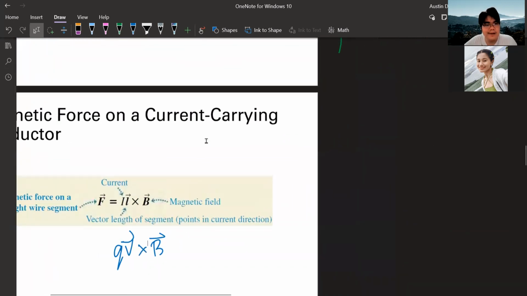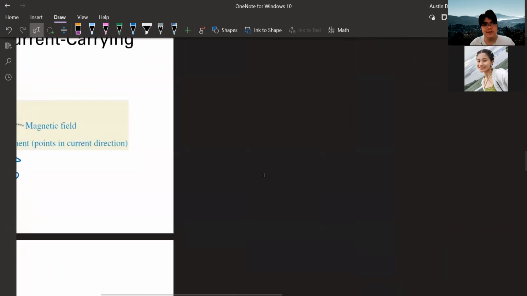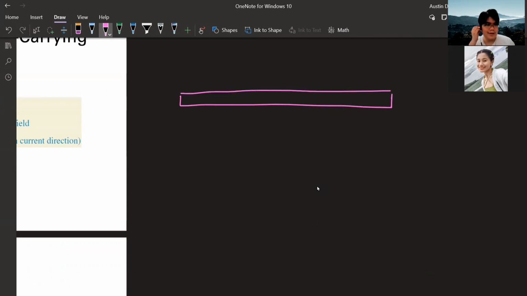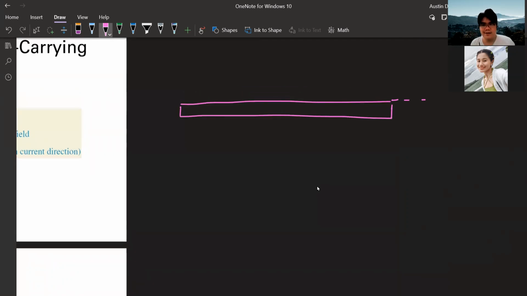Okay, so suppose you have a wire. It extends, no? We're lazy to draw. Okay? And then the current flows from left to right, and a magnetic field going into the page.